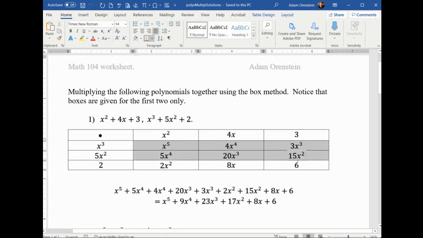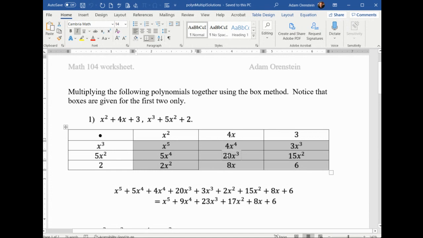So now that we have these entries, what do we do? Well, we have to add them. That's how we get the product. We have x to the 5th. Sometimes you can look around a bit to see which term would come next, because we want to write it in standard form. We do have 5x to the 4 and 4x to the 4, as you can see. Let's write those next to each other because those are like terms.